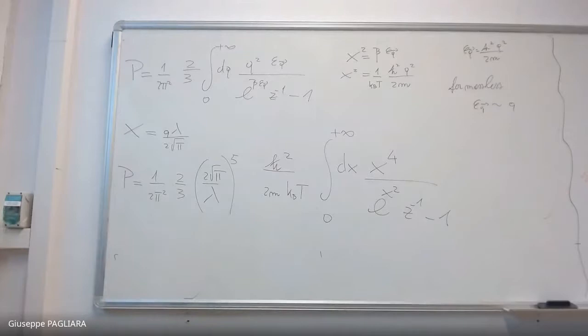I think I have everything there. And the prefactor is 1 over 2 pi squared, 2/3, the one to the fifth power, and then I have that h-bar squared over 2m kBT.